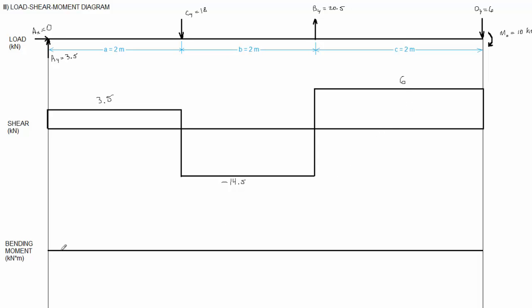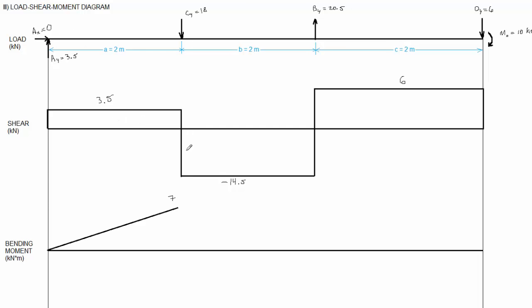Now on the moment diagram, the area above tells us the change in value below. So the area of this rectangle is 2 meters wide and 3.5 kilonewtons tall. So 2 times 3.5 is 7 kilonewton meters, which means the bending moment diagram will change from 0 to 7 kilonewton meters in the positive direction because that was a positive area.